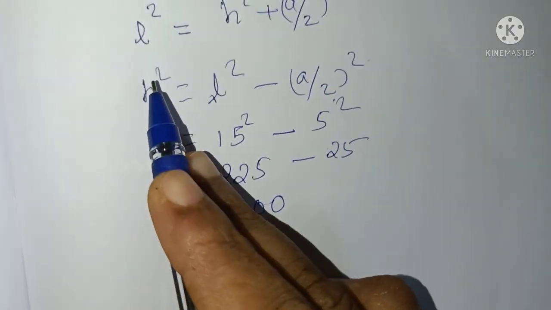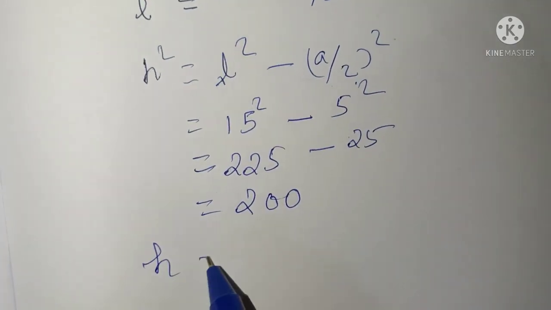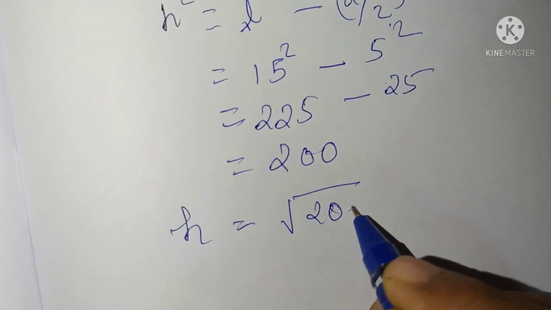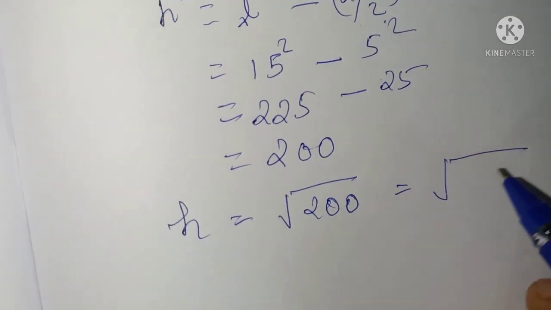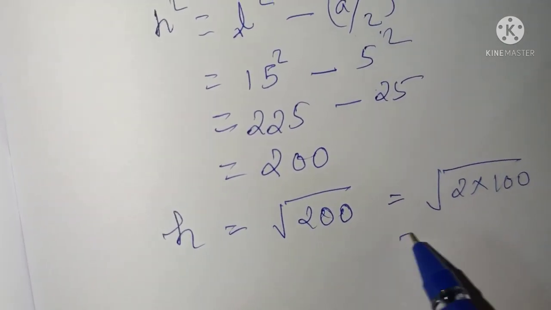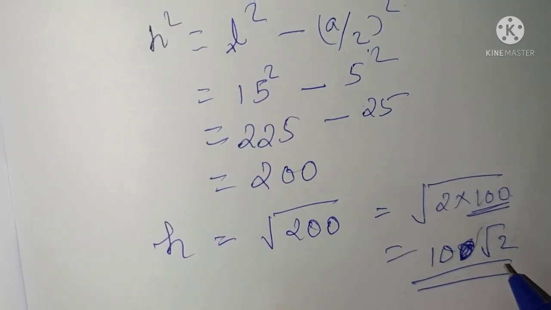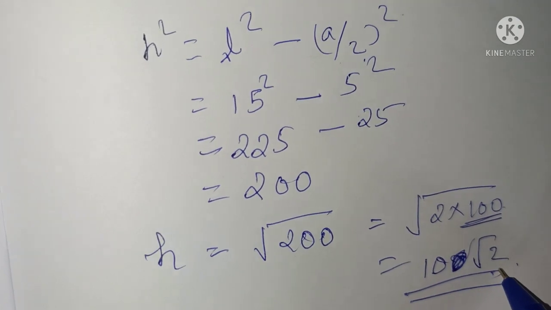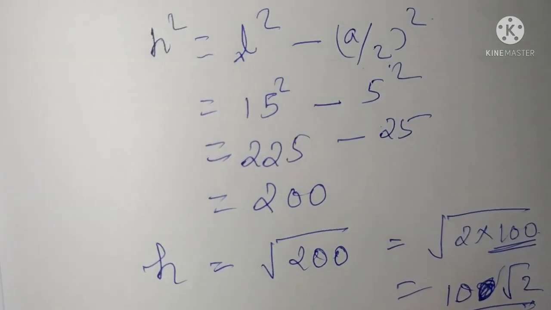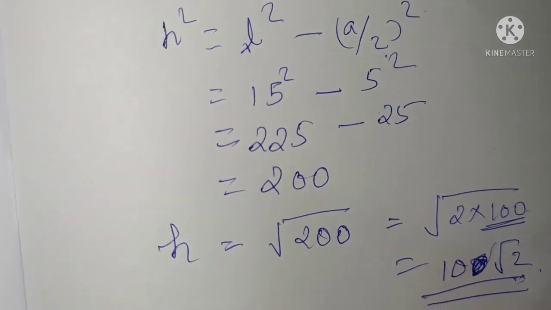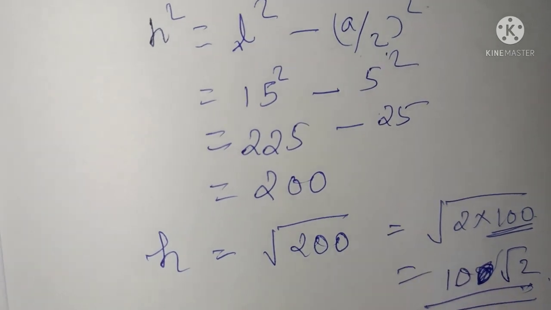So H squared is equal to 200. Then H is equal to root 200, that is 2 into 100. And we know the square root of 100 is 10, so H is 10 root 2. That is, the height of the pyramid is 10 root 2. Now we need to find the volume.